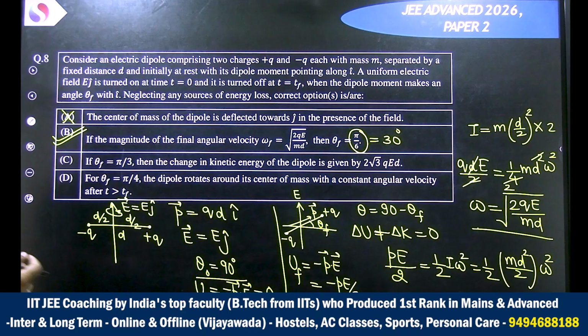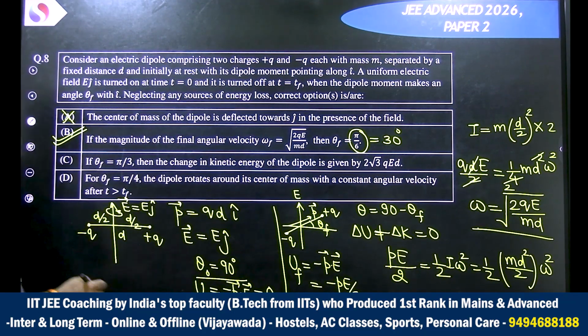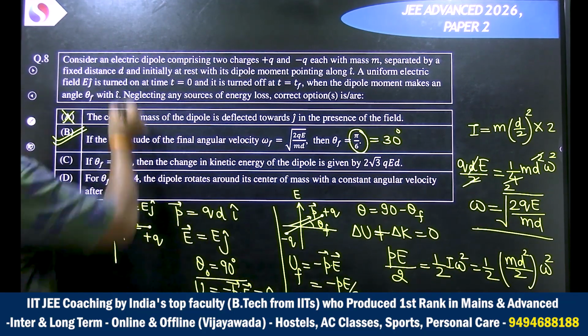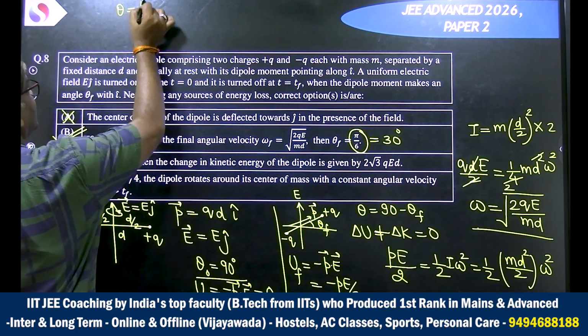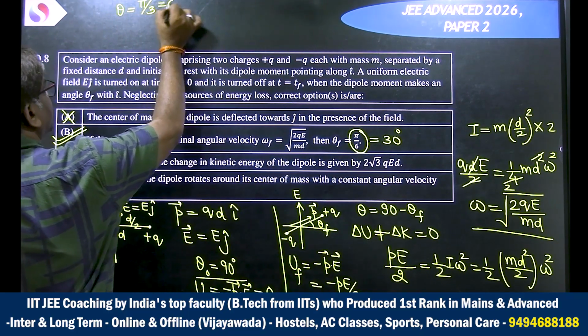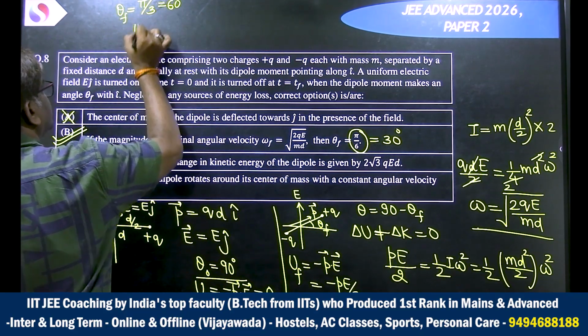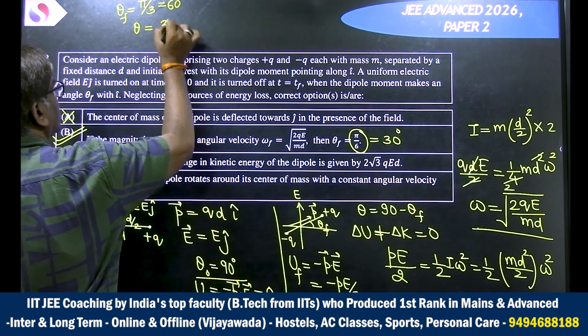Option B is correct. Next one: if theta f is equal to pi by 3, the change in kinetic energy is 2 root 3. Yes, we can check again. Theta f equal to pi by 3 means 60 degrees, which means the angle between P and E is 30 degrees.